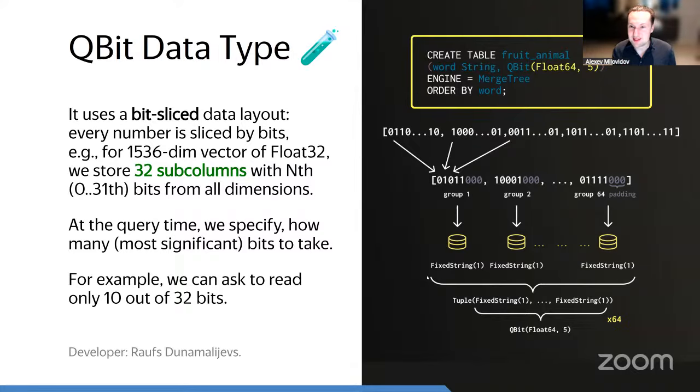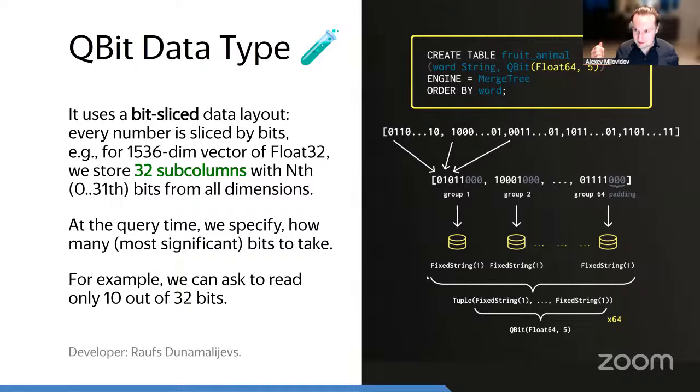It takes the vector, it takes binary representations of every value in every dimension and takes every bit, every most significant bit, every second most significant bit, third most significant bit, and it combines the first bit of every dimension into a bit vector, the second bit of every dimension into a second bit vector, and they store every bit vector as a separate subcolumn.